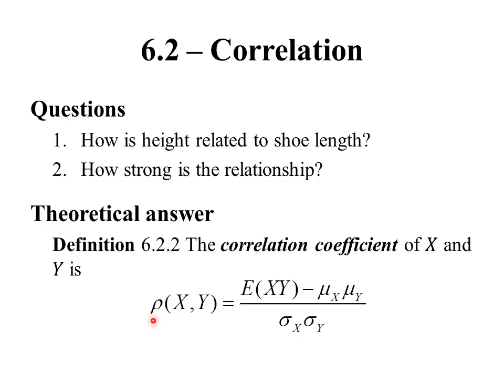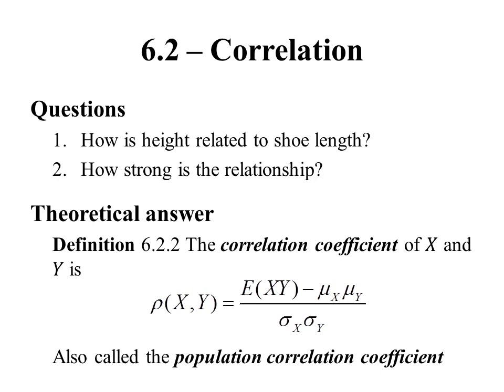The correlation coefficient is denoted rho. This is the Greek letter lowercase rho of x and y. That just tells us the names of our variables. And it is calculated by taking the expected value of the product xy minus the mean of x times the mean of y, divided by the standard deviation of x times the standard deviation of y.